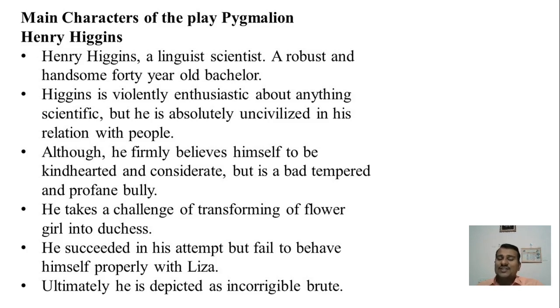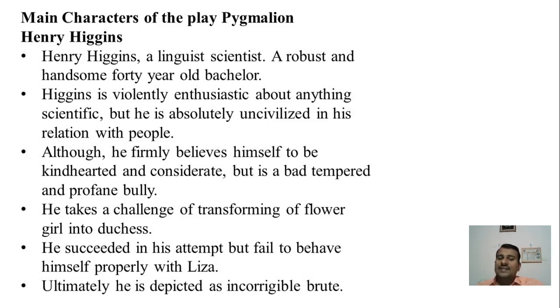He takes the challenge of transforming the flower girl into a duchess. He takes Lisa and challenges Pickering that he is going to transform a flower seller into a duchess. Anyway, he becomes successful in his attempt, but his behavior and attitude disgrace and hurt Lisa eventually.